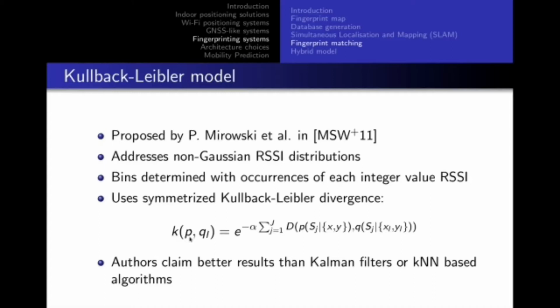which states that the value k for p and q, which are distributions for two locations, is equal to the exponential value of minus alpha and the sum of the symmetrized Kullback-Leibler distance, which is the Kullback-Leibler value of the probability to be in the state j, given to see RSSI values Sj given you are in xy, and the second probability distribution, to see Sj RSSI value given you're on the second location, and you have to minimize this divergence.